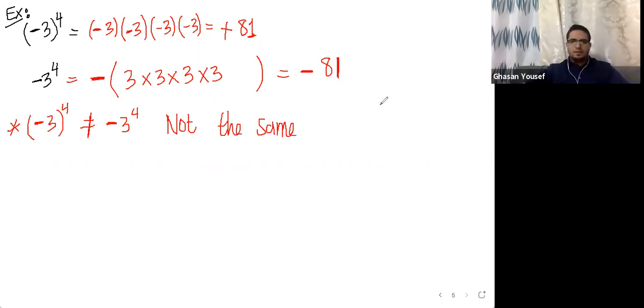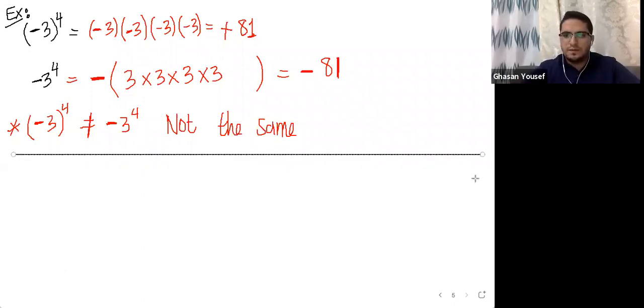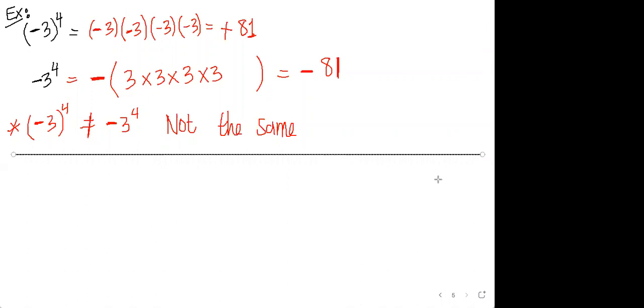Negative 3 between parentheses to the power 4 is not the same as negative 3 to the power 4. The answer here is positive 81. The answer here is negative 81. Now, any question for this one? Is it clear? Okay.